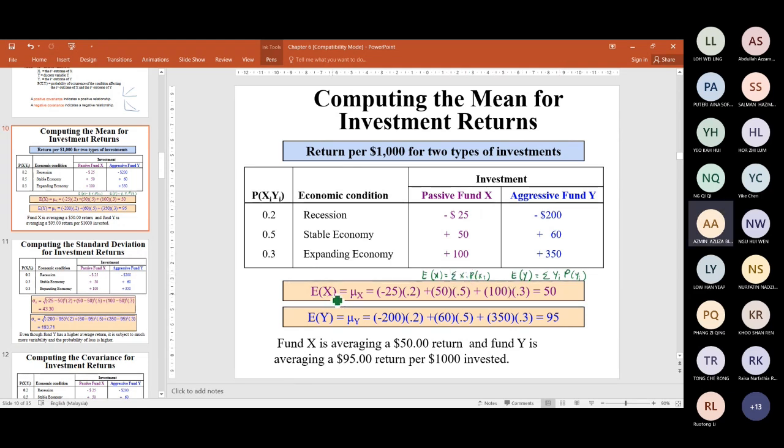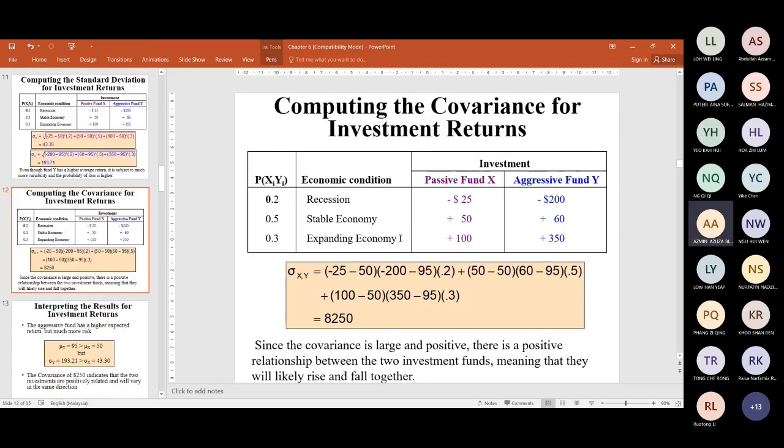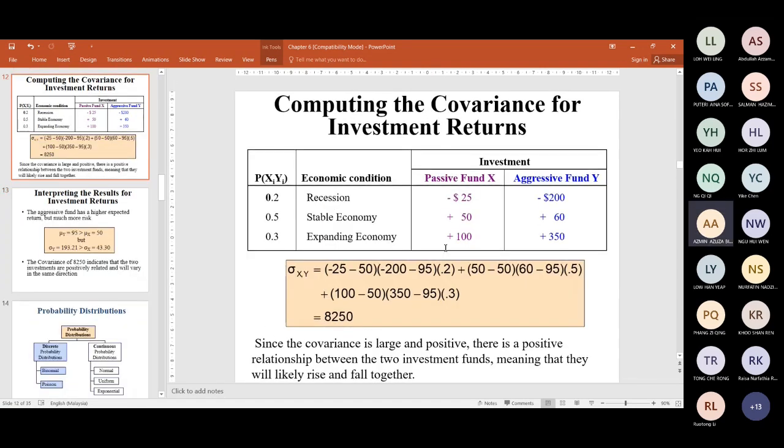So how do we find this? E(X) is each of your X data, which is here, multiplied with the probability. Let me check first. Okay, that's the formula.